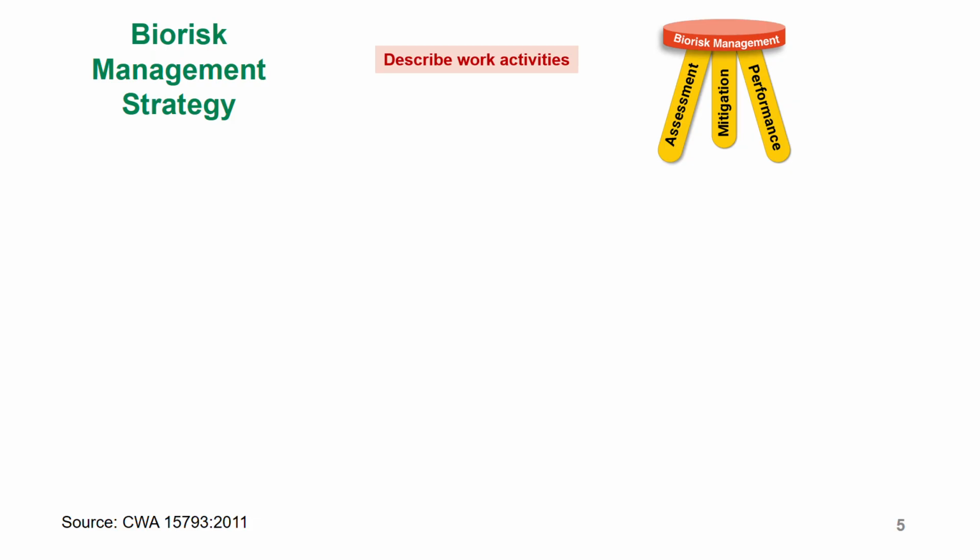Are you doing serological tests? Are you doing culture? Are you doing procedures that use equipment? Each of these work activities will involve particular biological agents that you are analyzing, testing for, or researching if you're in a research lab.